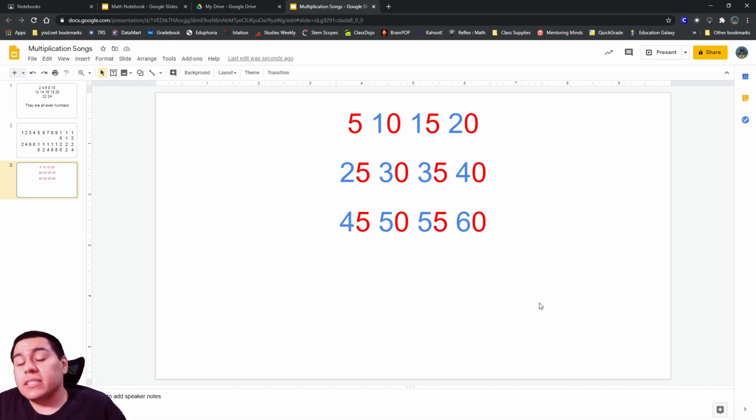Okay, if I went past 65, who could tell me the next number? After 65 would be, Amari? 70. 70. Perfect. And it would keep going on and on and on as far as we could go.